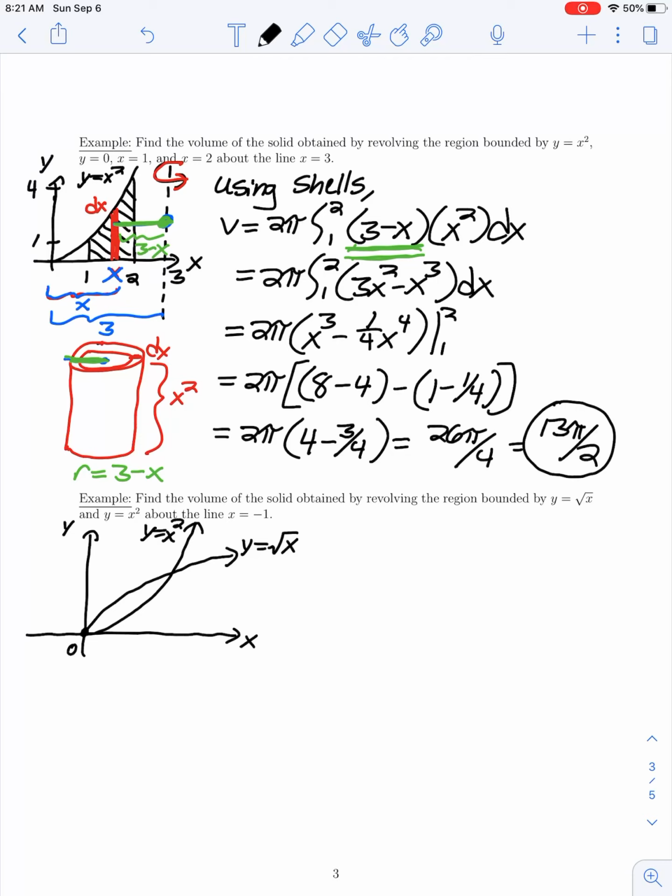And these intersect, of course, at the origin, 0, 0, and at the point where x equals 1 and y equals 1.